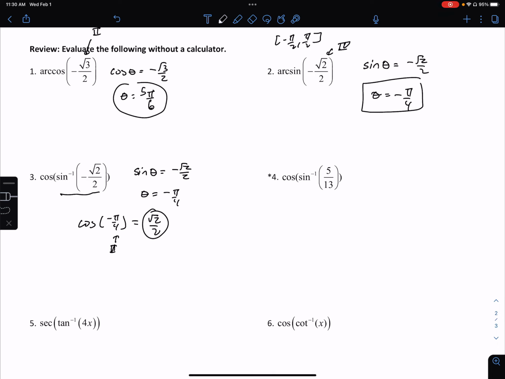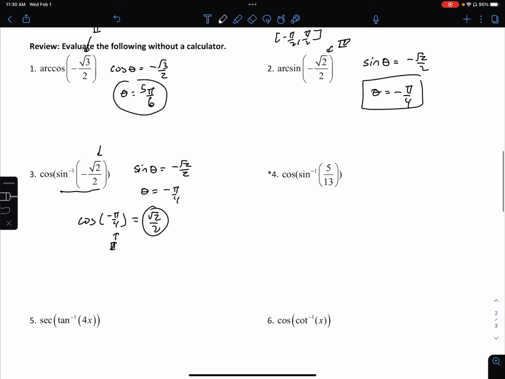Of course, that's one that we actually know the value for, but what if we don't? Let's take a look at number 4 here. If I try to find out where does sine of theta equal 5 over 13, theta is, I don't know. But last year in pre-cal, you learned something about right triangles. You could write this as a right triangle problem. Sine is the opposite over the hypotenuse.